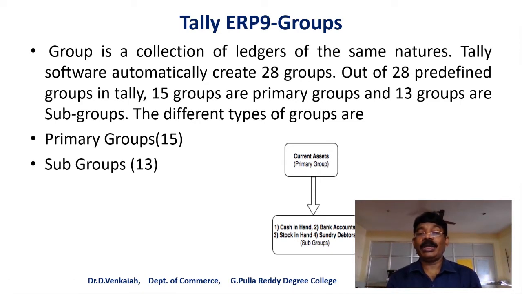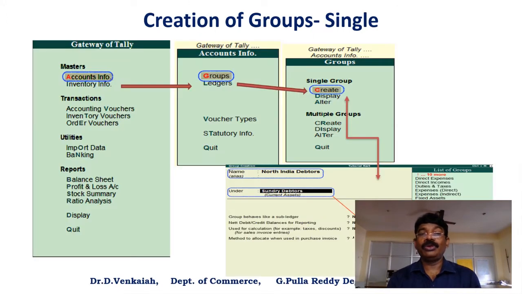Group is a collection of ledger accounts of similar nature or same nature. For example, buildings, furniture, machinery are all fixed assets on which we apply depreciation. So building, furniture, machinery are created under one group called fixed assets. These are groups.